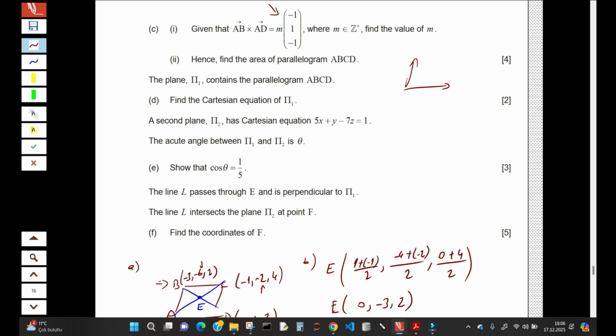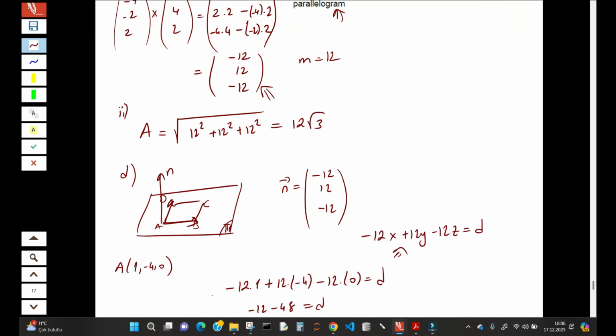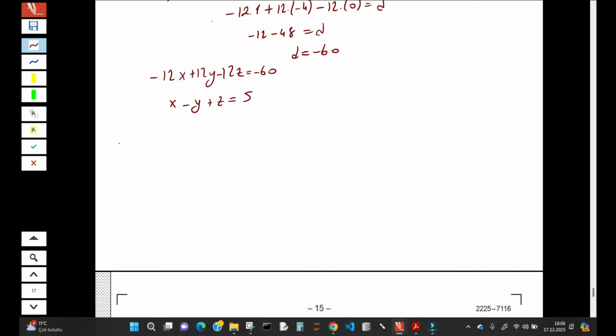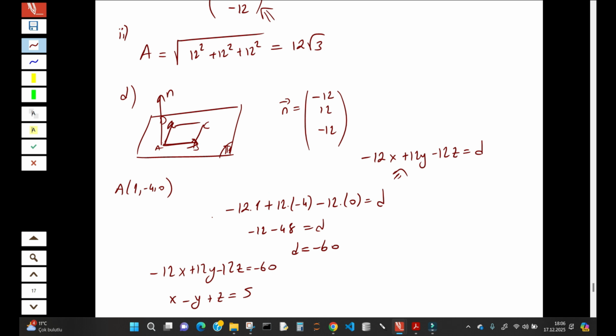And a second plane, pi 2, has the Cartesian equation here. As you see, the acute angle between pi 1 and pi 2 is theta. Show that cosine theta equals 1 over 5. So how are we going to find the angle between two planes? For sure, we're going to use the normal vectors.